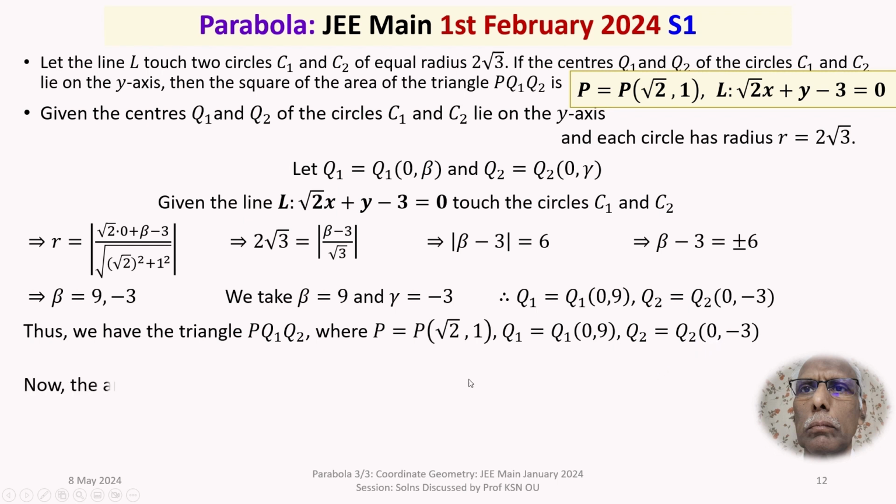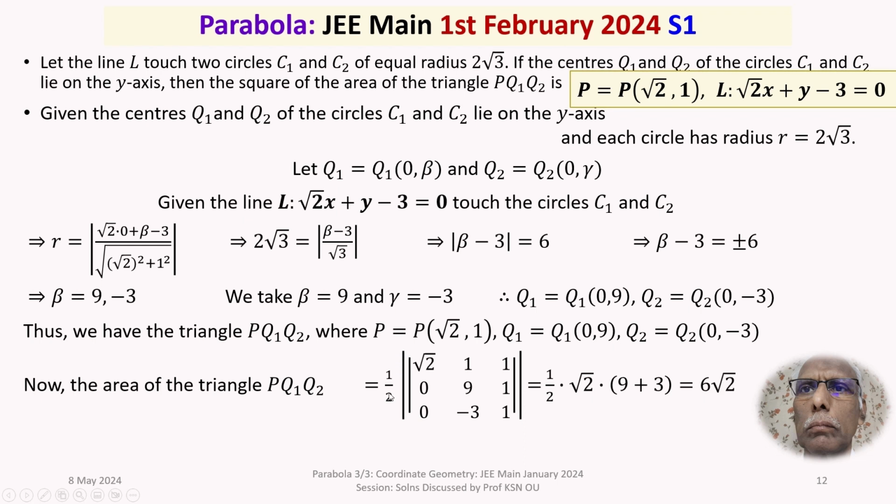Right. Now the area of the triangle P, Q1, Q2 is equal to 1 by 2 modulus of the determinant with first row the coordinates of P, root 2, 1, 1, second row the coordinates of Q1, 0, 9, 1, third row the coordinates of Q2, 0, minus 3, 1.